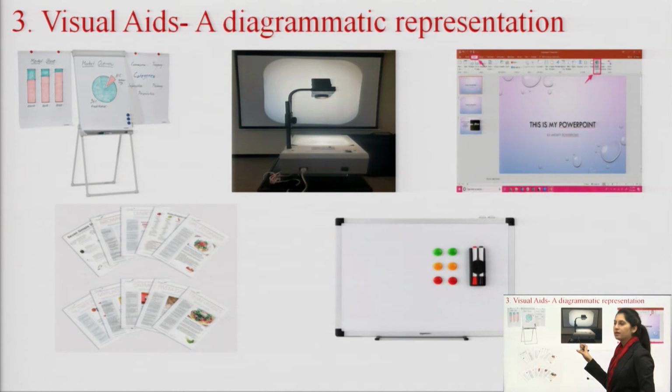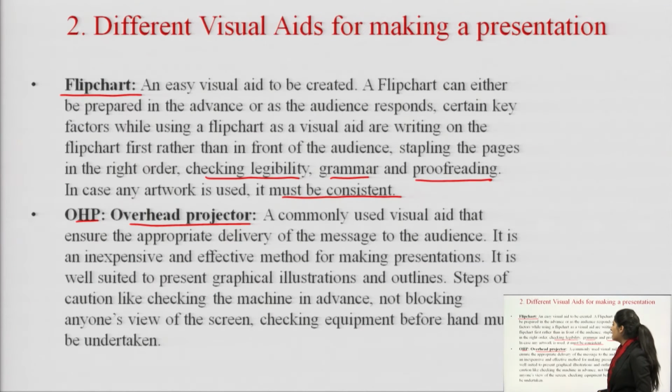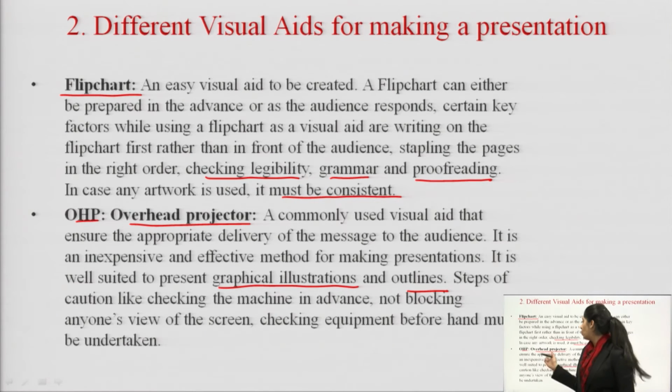You might have seen such overhead projectors in a company beforehand. So how does this help? This helps in showing visual illustrations, graphical illustrations, the outline, and the steps for a particular organizational hierarchy. So whenever we are considering all these needs, we use an overhead projector for that. Okay.